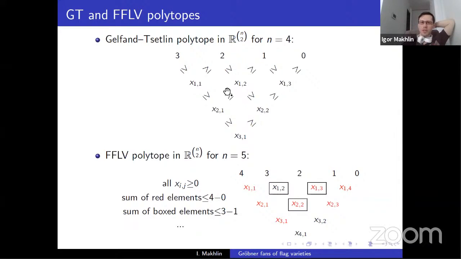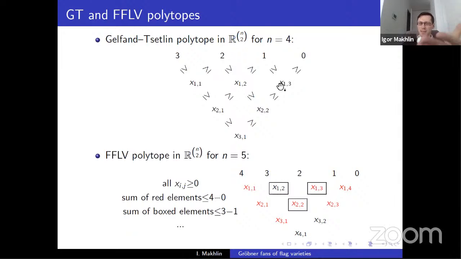I won't go into much detail, but you take a number triangle. So it lives in n-choose-two-dimensional space. These n-choose-two coordinates can be fitted into a number triangle, where the top row are the integers from n minus 1 to 0, and then all the other coordinates have to satisfy these inequalities.